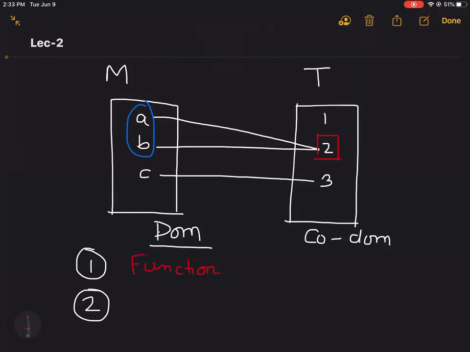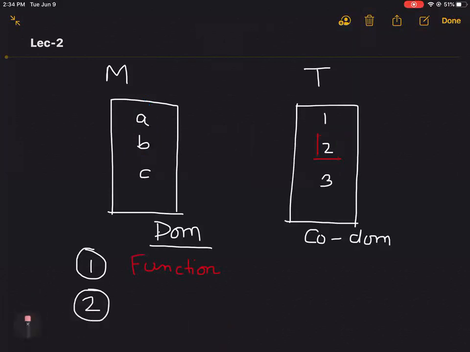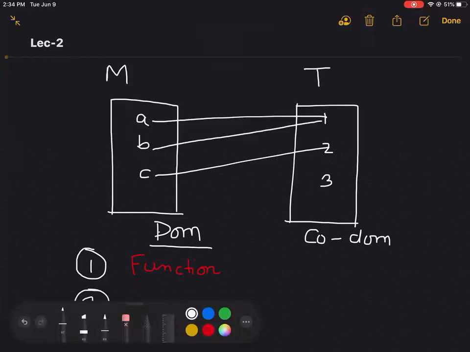Secondly, let us just remove these relations. Secondly, let's say A is related to 1, B is also related to 1, C is related to 2. So now we have more than one element.